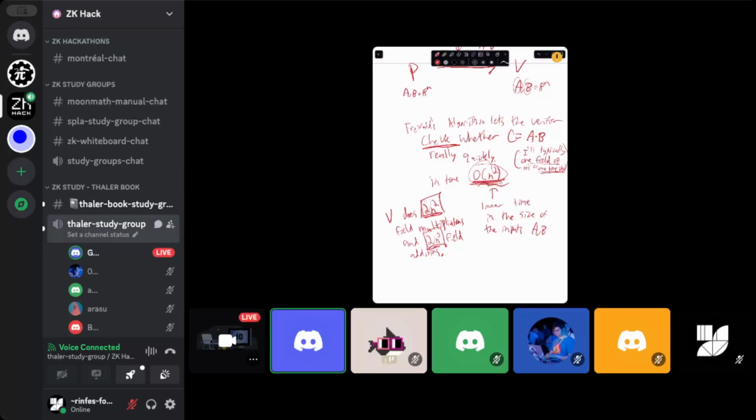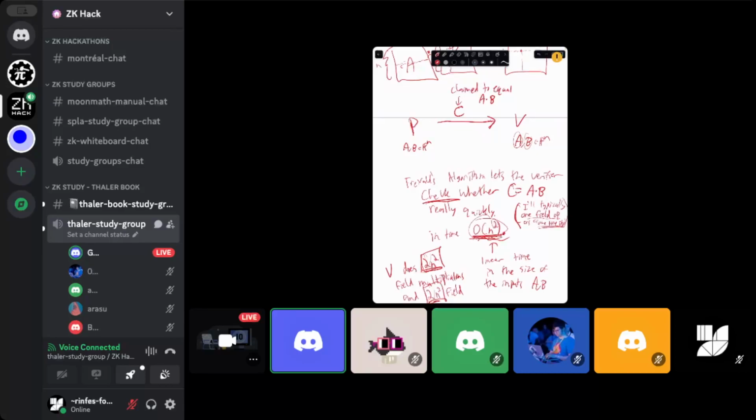So it's fairly crude to just say one field operation is one time step, but it's going to make it much easier to talk about the runtime of our algorithms and of our proof system prover and verifier if we just pretend one field operation is one time step, and only as needed do we dig deeper and ask exactly how long a field operation really takes.